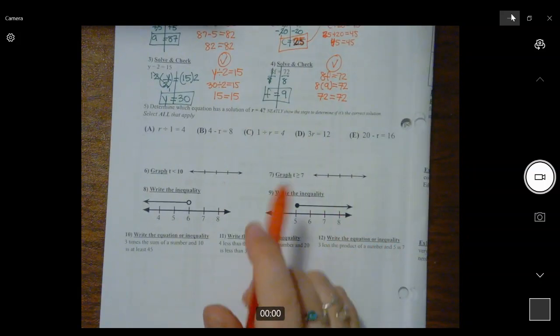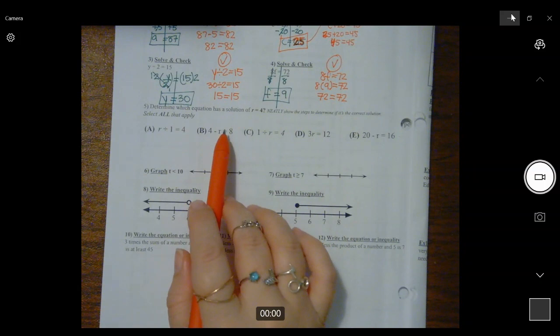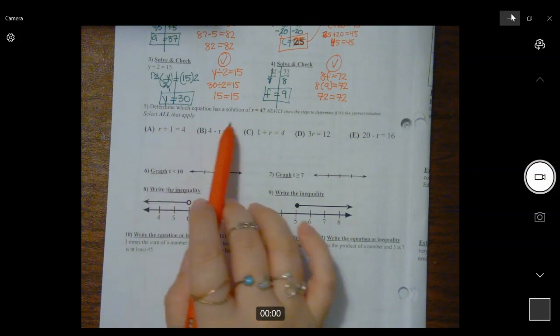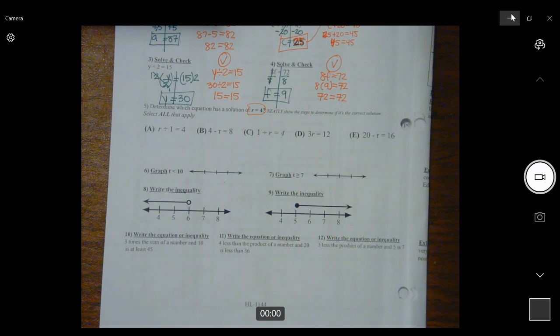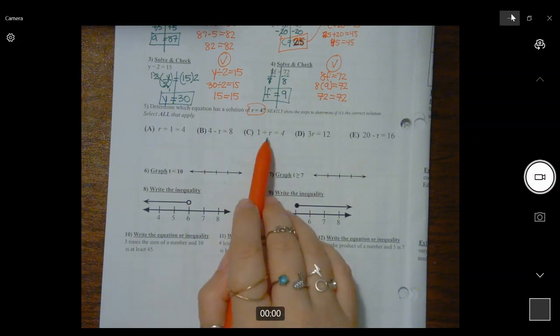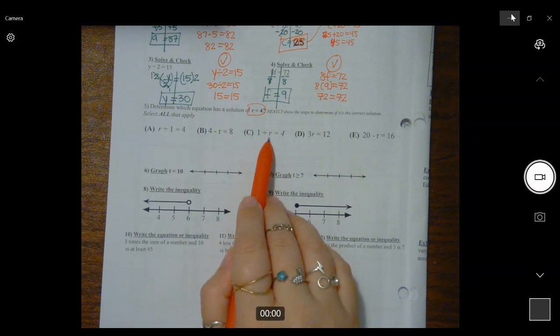Now, I just said that checking is optional when you're asked to solve a problem. But for these ones, when it says determine which equation has a solution of r equals 4, checking isn't an option. I want you to only check. You're not going to try to solve, because you don't know how to solve when r is in the denominator, since it's saying 1 over r.